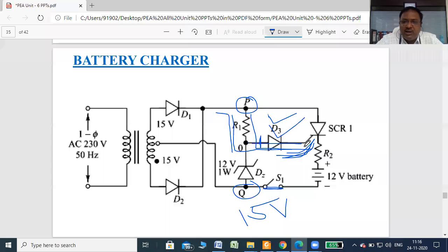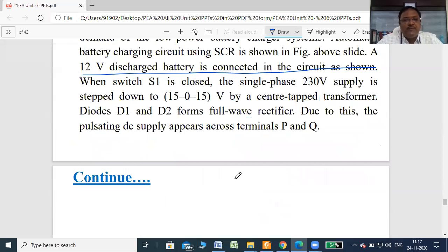Whenever the voltage is greater than the gate cathode voltage VGK, approximately 1 volt, 2 volt, 5 volt, 10 volt, depending upon the SCR, the SCR turns on, and current flows through the SCR and through R2, and the battery starts to charge.